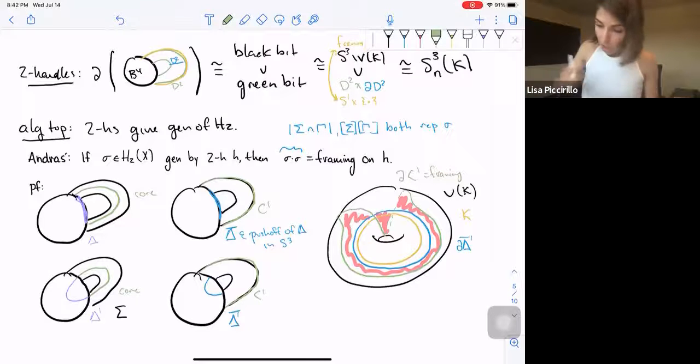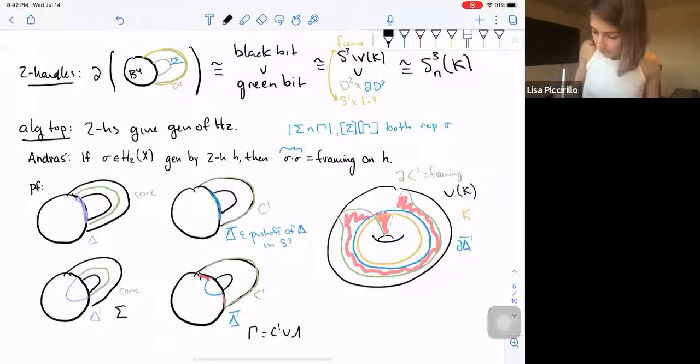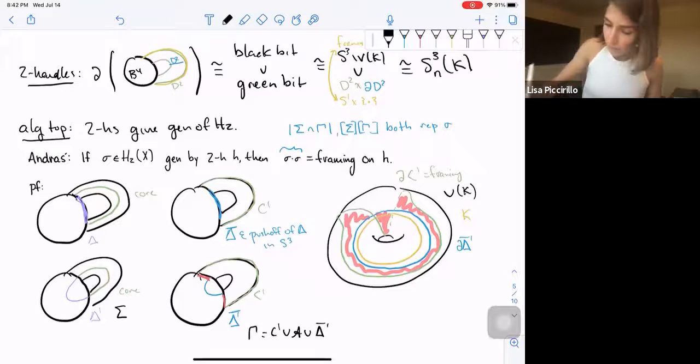Okay. So with all of that, which might seem like a little bit much, we've defined a second surface gamma that generates homology. So gamma is going to be C prime union this annulus A union delta bar prime. So this is our annulus.